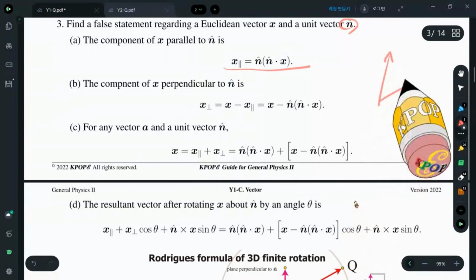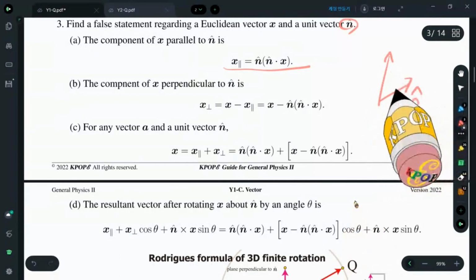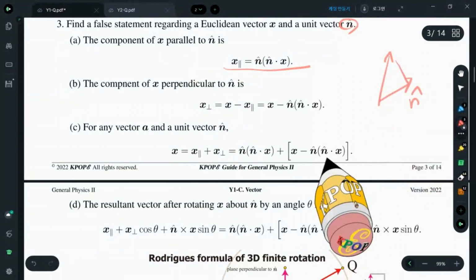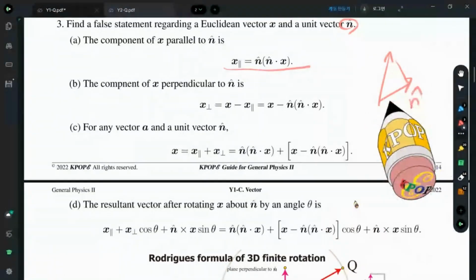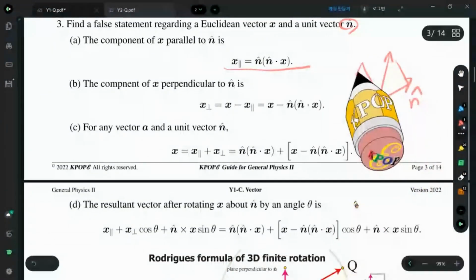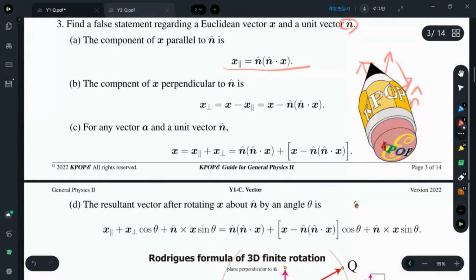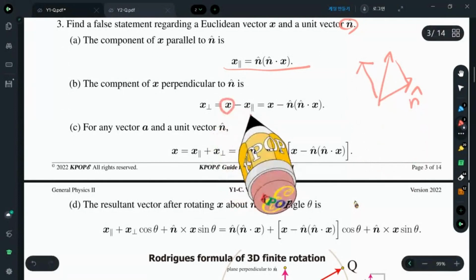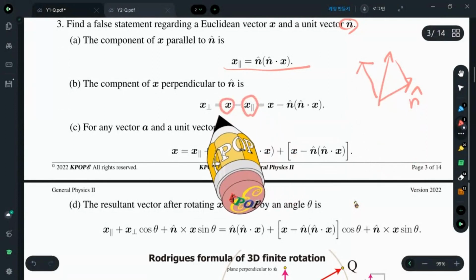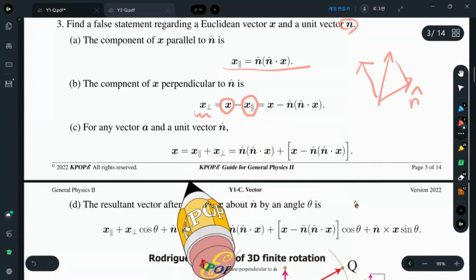A vector parallel to n hat is this. Then if we subtract this part, you will find the perpendicular component. So the x vector subtracted by the parallel component must be the perpendicular component.